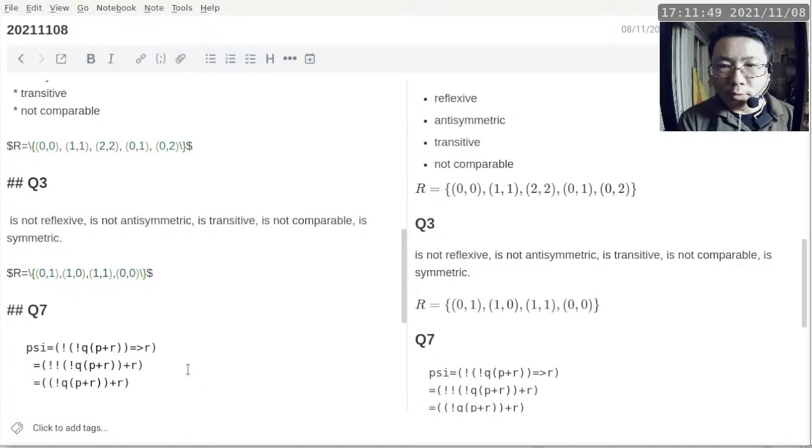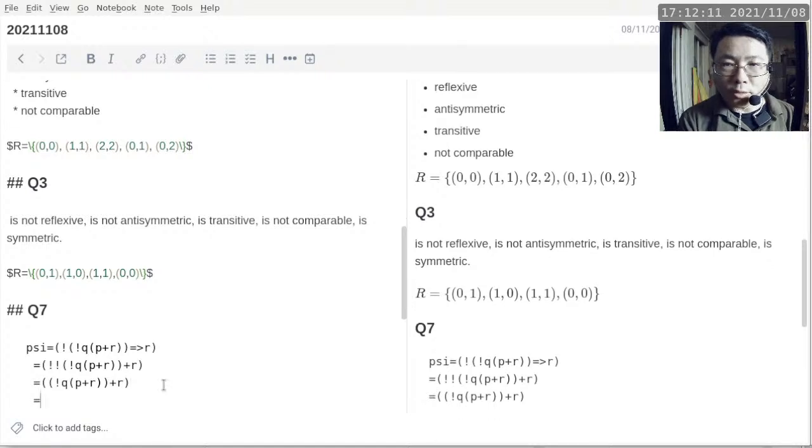All right. So from here, this negation applies only to Q, and so we have a not Q on the outside, and then we have a conjunction, and the other side of the conjunction is P plus R, and we probably need to distribute it at this point. Okay, so we'll go ahead and distribute that. After the distribution, once again, you copy and paste first, and then we just replace the part we are working on.